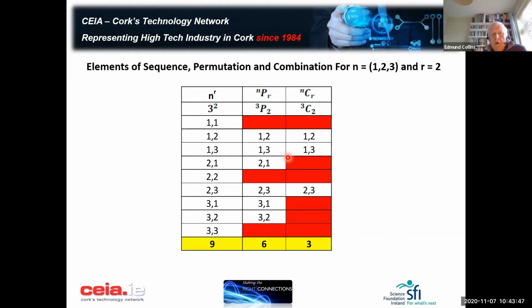But really, the rules are that when you're generating a permutation, within this element here, if you used one, you can't use it a second time. As I say, really it's combinations that are going to be the key tool that we will be using, but it is important to know the difference between the two.